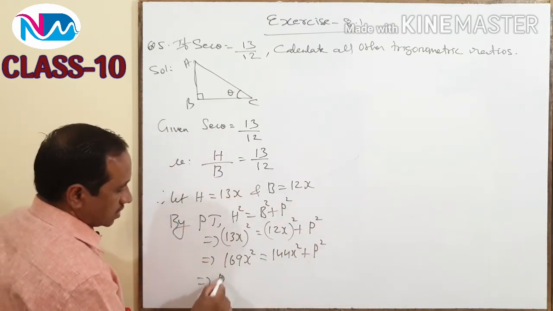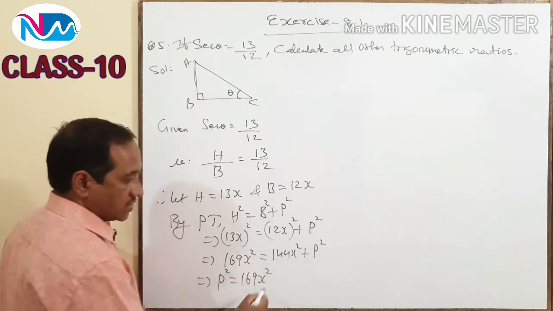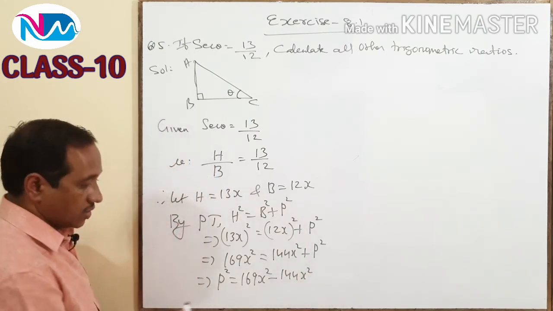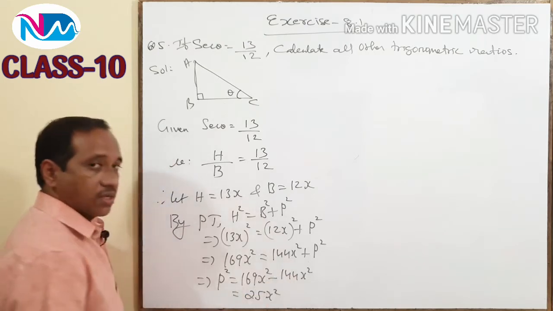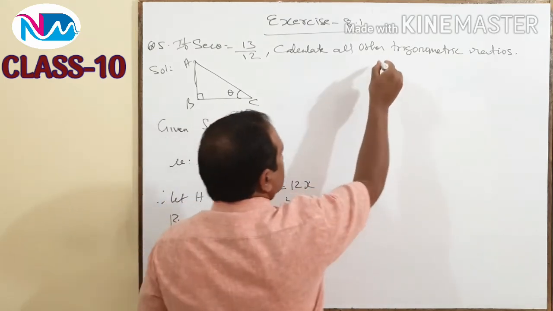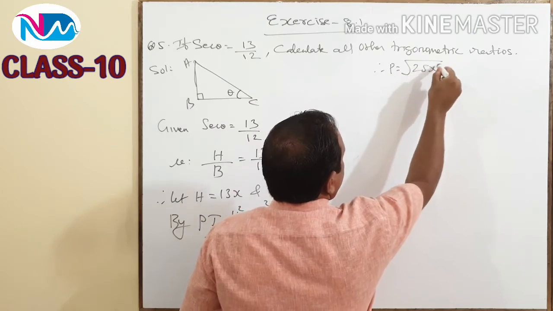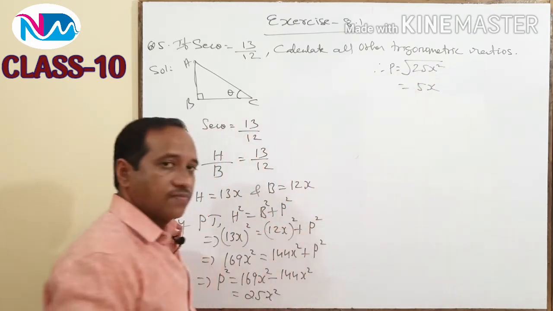So that gives p square is equal to 169x square minus 144x square, which is equal to 25x square. Therefore, perpendicular p is equal to root of 25x square, which is 5x.